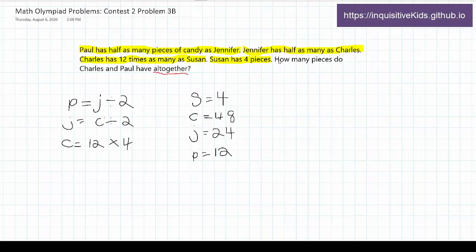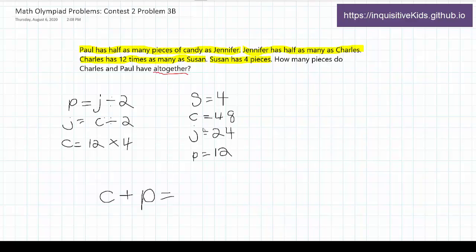The question is, how many pieces do Charles and Paul have altogether? Altogether means it is an addition problem. Here is the equation. C plus P equals something.